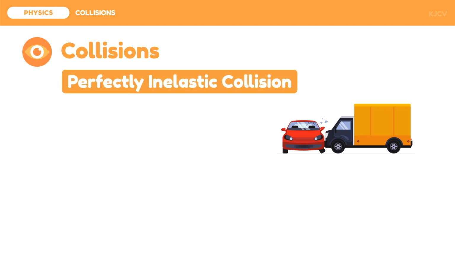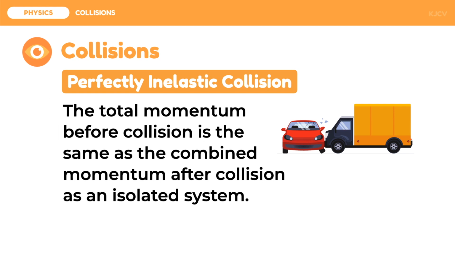In perfectly inelastic collisions, the total momentum before collision is the same as the combined momentum after collision as an isolated system. It is described as the product of the mass and velocity of object 1 before collision plus the product of the mass and velocity of object 2 before collision being equal to the combined masses of the colliding objects multiplied to their velocity as they move as one after collision.